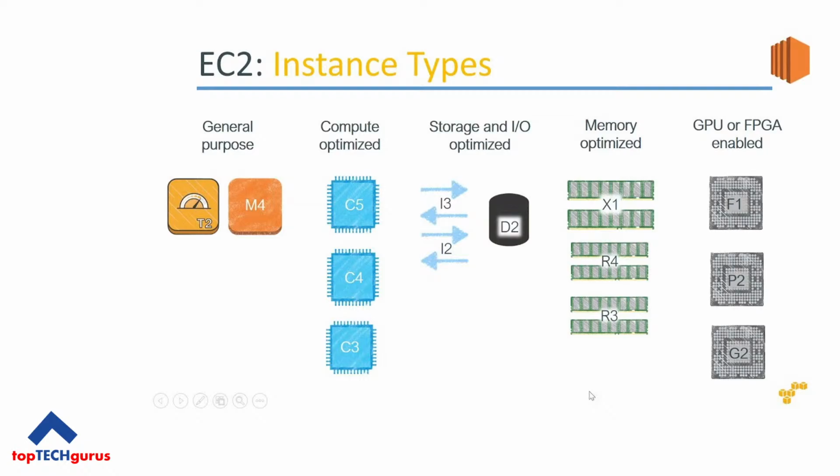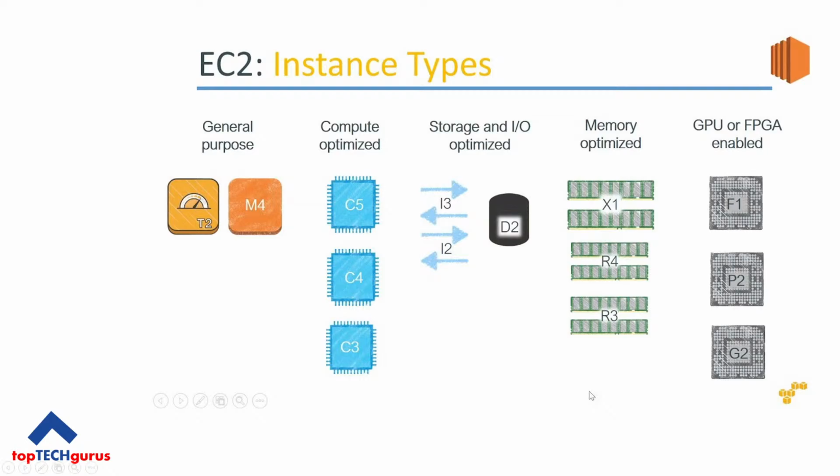They are used a lot for mining cryptocurrency. So if you want to set up an EC2 instance to mine cryptocurrency, you would rather use an F1, P2, or G2. Those are GPU enabled or FPGA enabled. And any type of blockchain related application that you build, where the blockchain needs to be stored and validated, you use this type of EC2 instance.